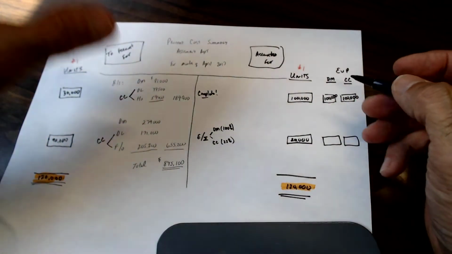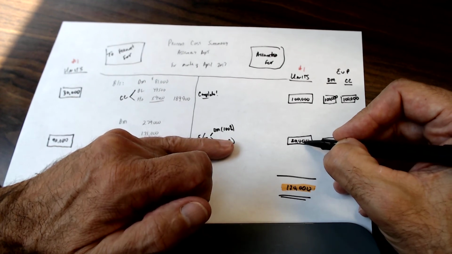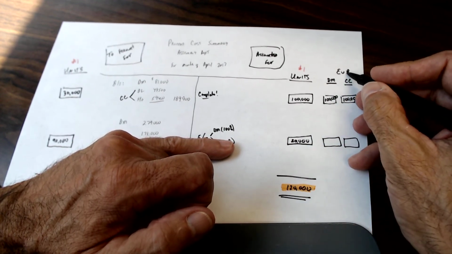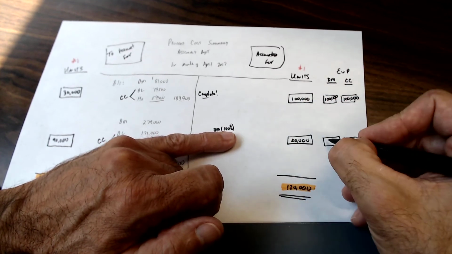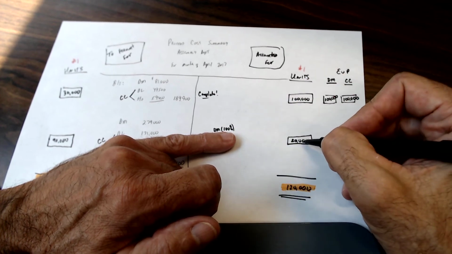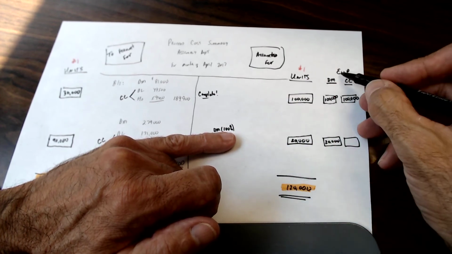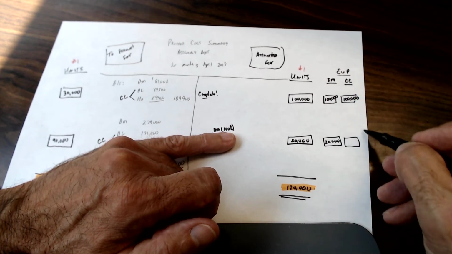So let's calculate out now these 20,000 units. How many equivalent whole units do they represent with regard to direct material costs? 20,000. They have all their materials. But how many equivalent units of production do they represent with regard to conversion costs?